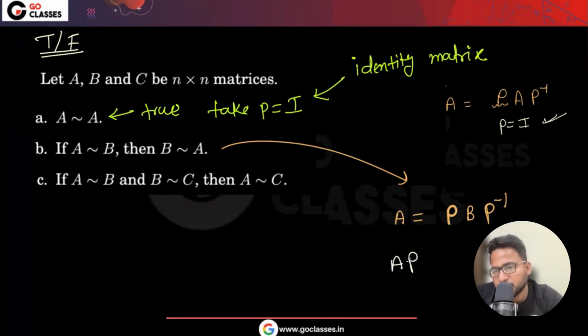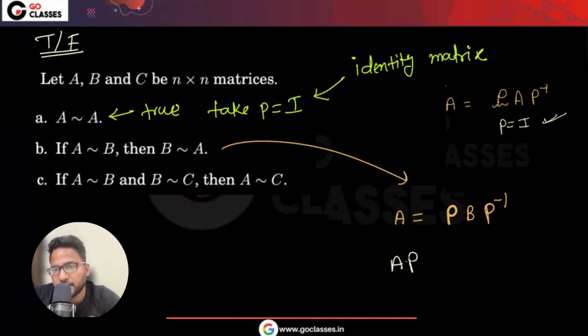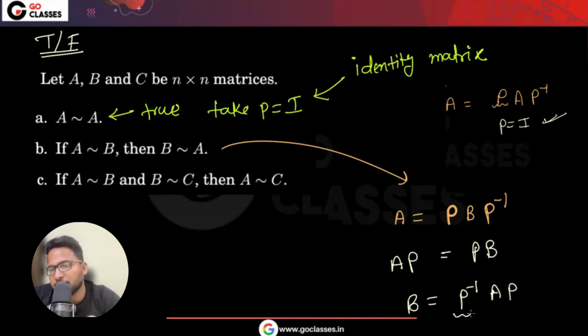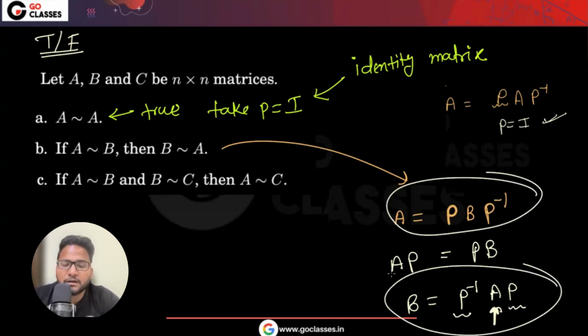Let's just check. This will be AP, I think, right? AP equal to B. You multiply by P both sides, it will be PB. And then can you write B equal to, you multiply by P inverse like this. Yes, that is there, right? So basically, you can write some matrix into A into that same matrix inverse. So basically, if A is this, then B is this, right?